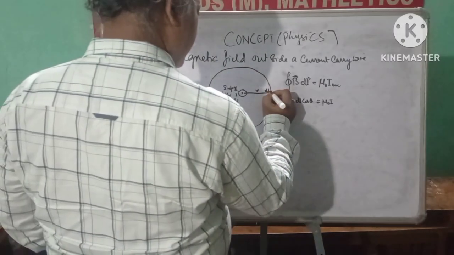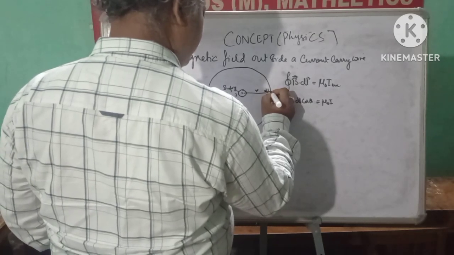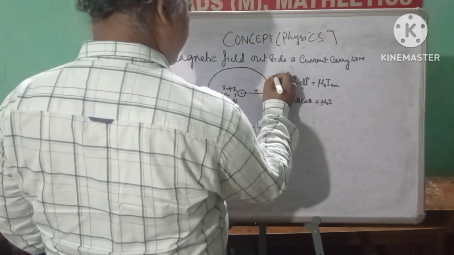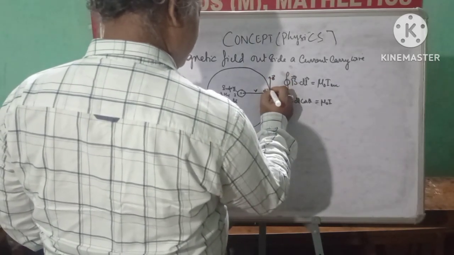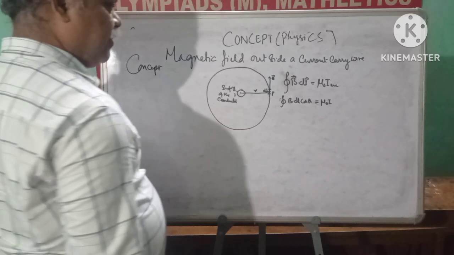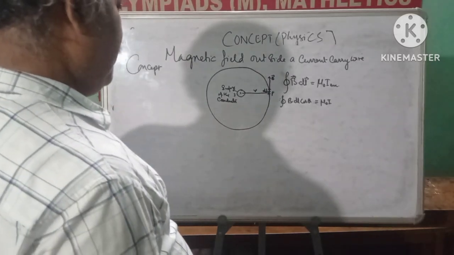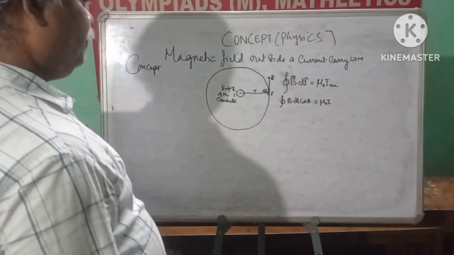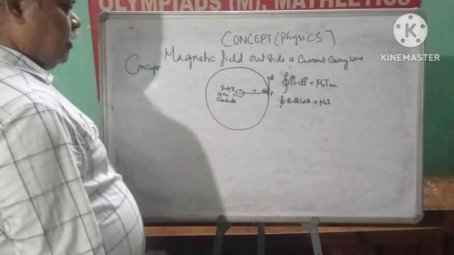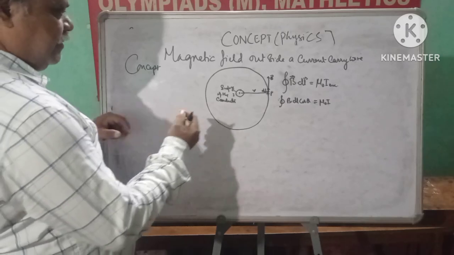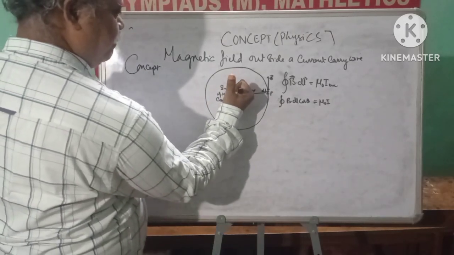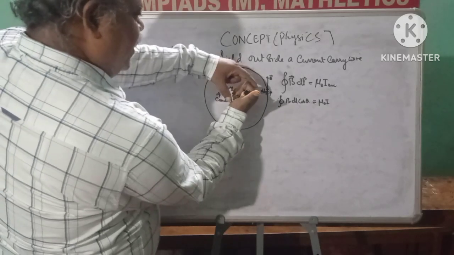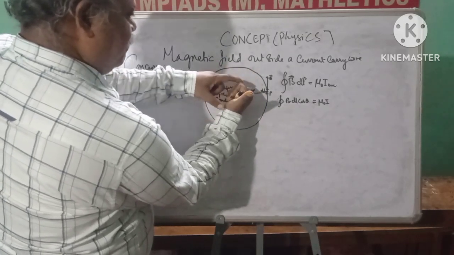The magnetic field here will be in this direction, and the direction of dl will also be the same. If you hold the thumb in the direction of the current, the curled fingers give you the direction of the magnetic field.